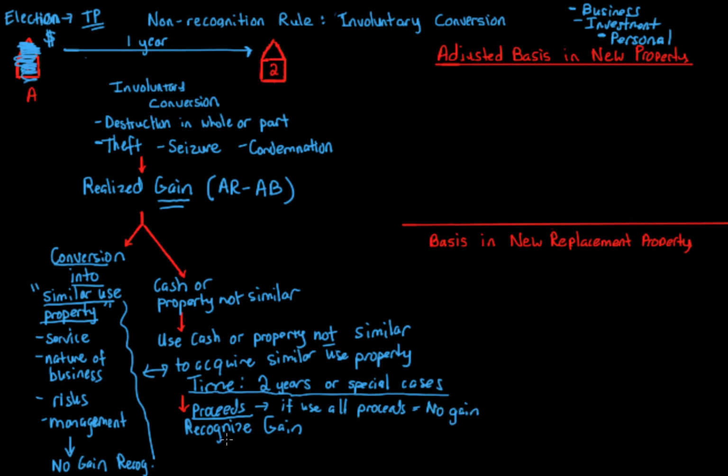But if we don't use all proceeds, we recognize the gain for the lesser of, and this is going to look very familiar. It's going to look very similar to our lesser of rule for like-kind exchanges.